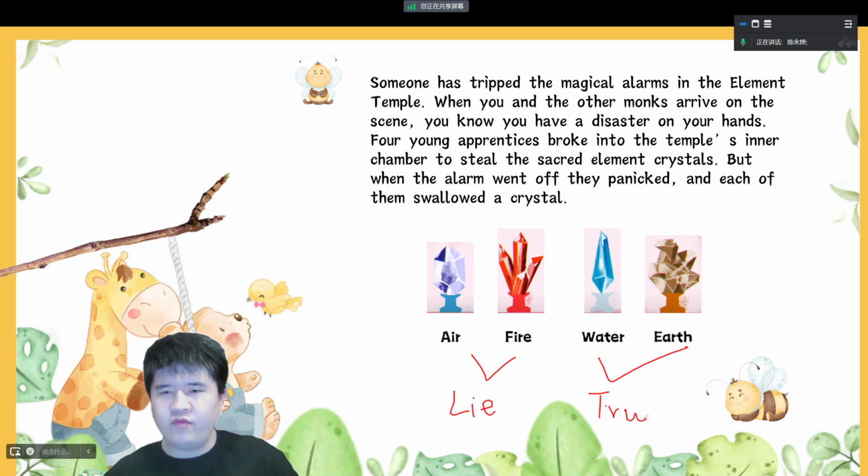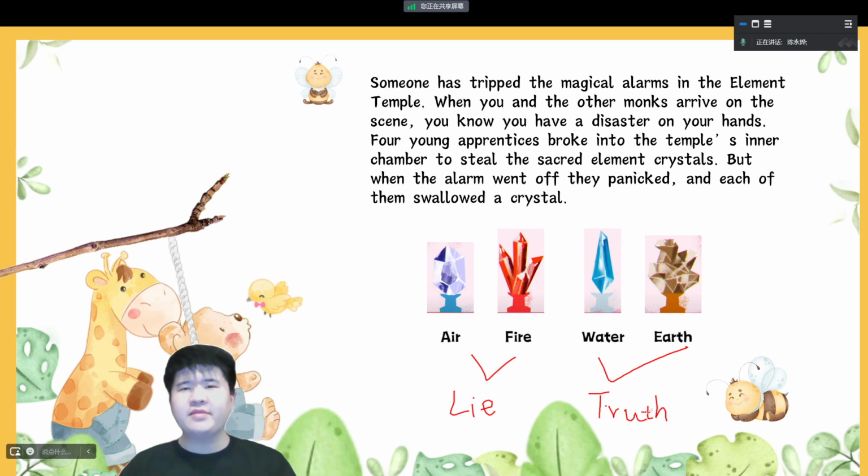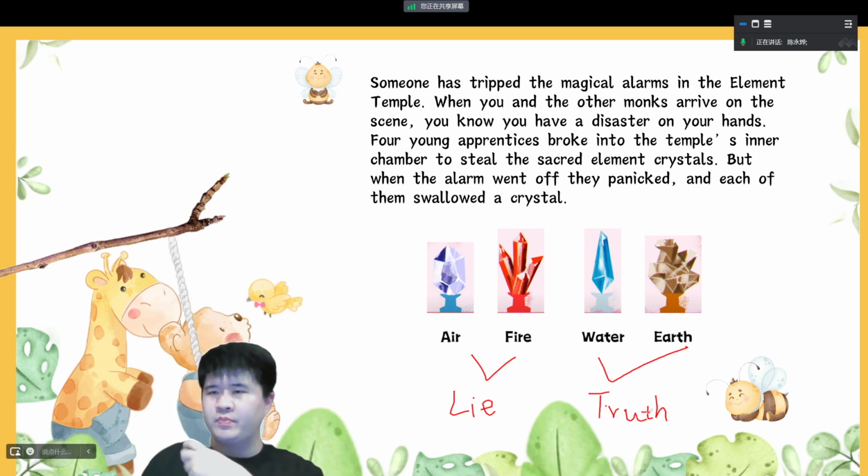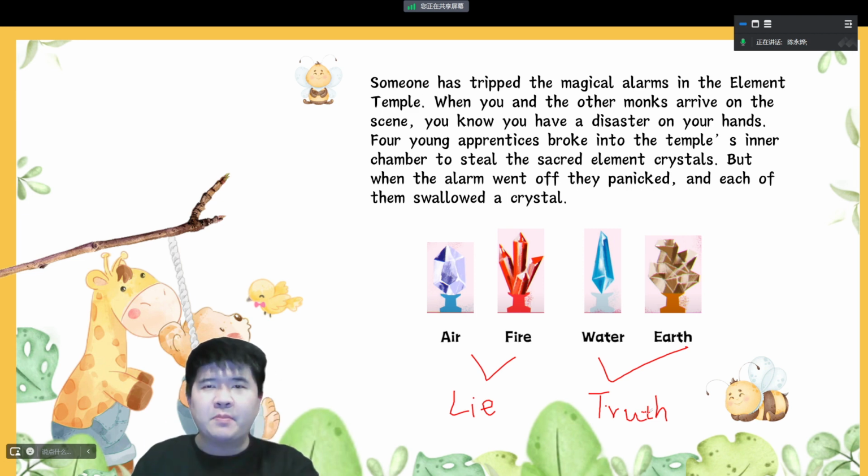But these crystals have too much power, and the apprentices cannot control them. Under this situation, if no one helps them, they will turn into monsters, and that will be terrible. So as a powerful monk in this world, we are going to try to cure them.